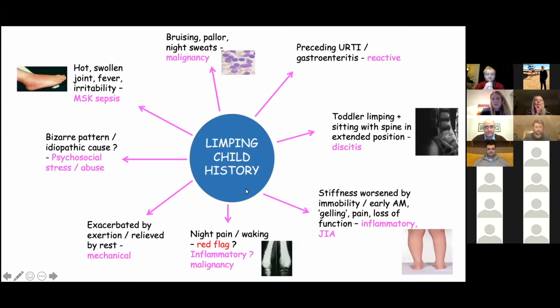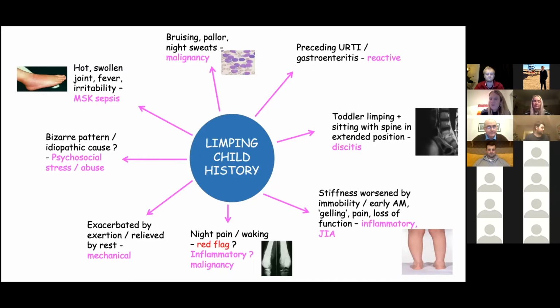In terms of the things that are important to pick out from the history, the first thing that you always want to exclude is something like an infected joint. So an infected joint could look a bit like this. So hot, swollen. The patient would usually have a temperature, they'd usually have raised inflammatory markers.